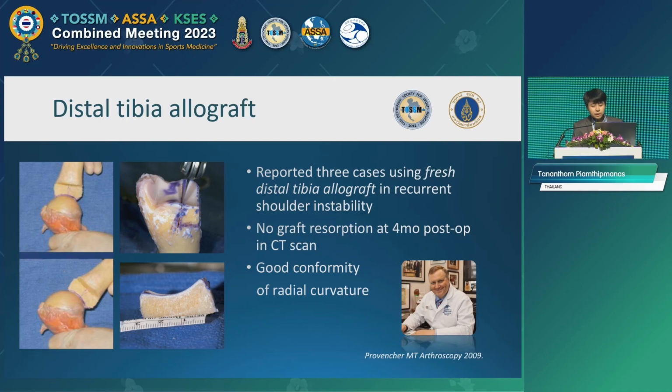Dr. Matthew Provencher first described this novel technique in 2009. He reported good conformity with the humeral head and low graft resorption. He used only the lateral side of the fresh distal tibial allograft for anterior glenoid reconstruction.